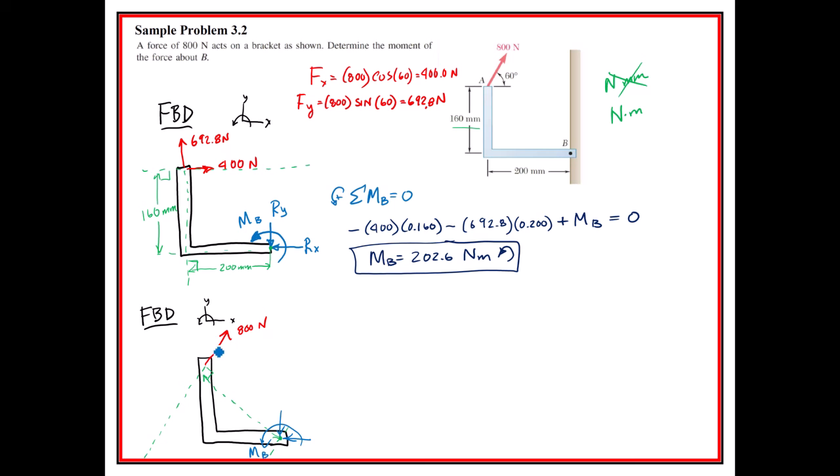If we were to take a look at this thing right here, actually, we would find, I believe, that this is 60 degrees right here. Playing around a little bit with the geometry, I think we would find that this is 60 degrees. Is that right? Because this right here would be 60 degrees right here.